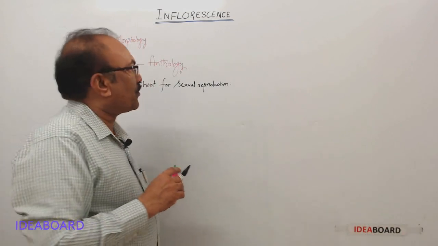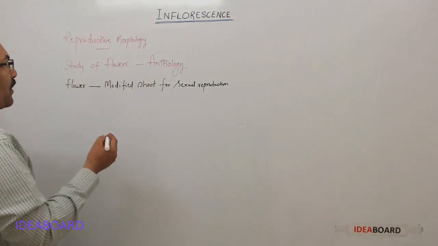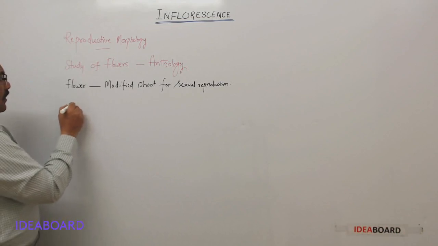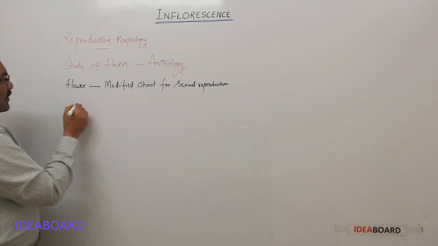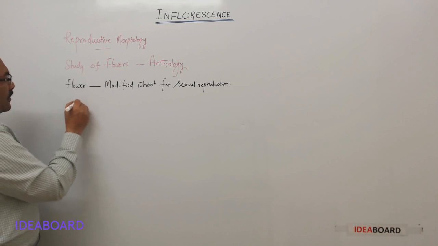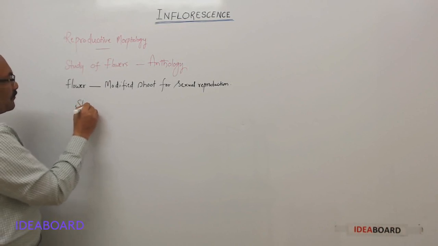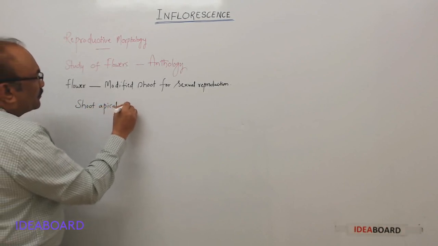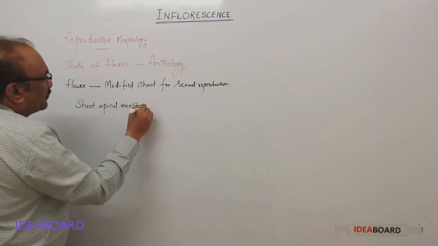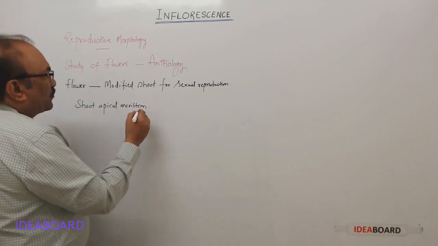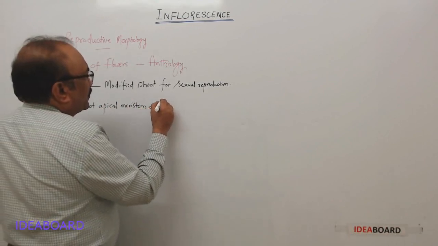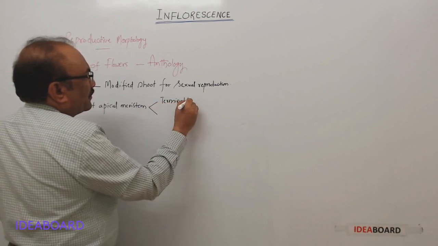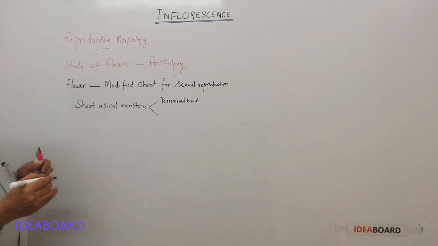That's why it is a modified shoot. These axillary buds and terminal buds contain shoot apical meristem. Remember, shoot apical meristem is present in both the terminal bud as well as the axillary bud.